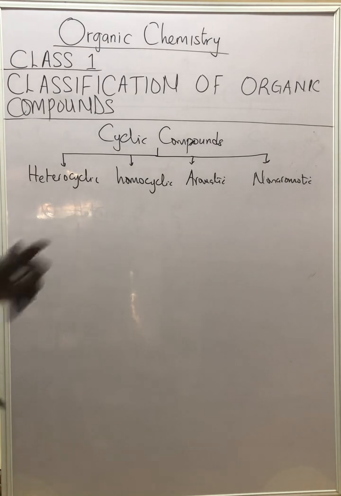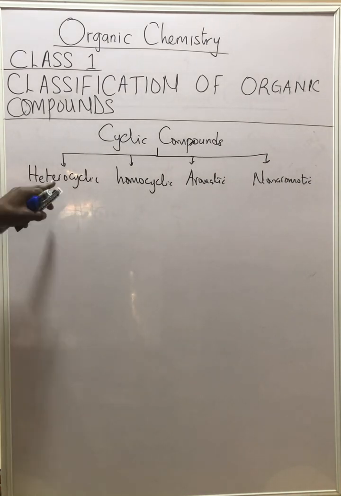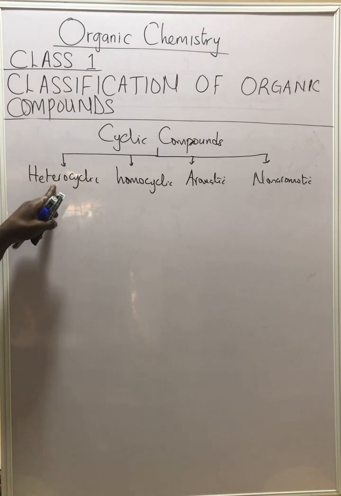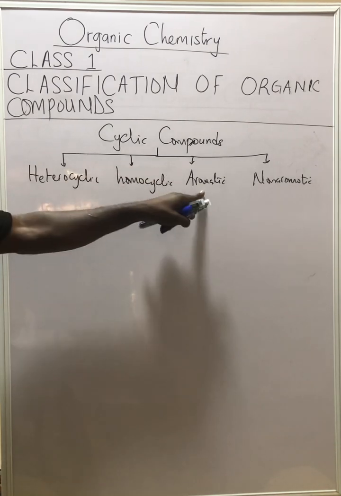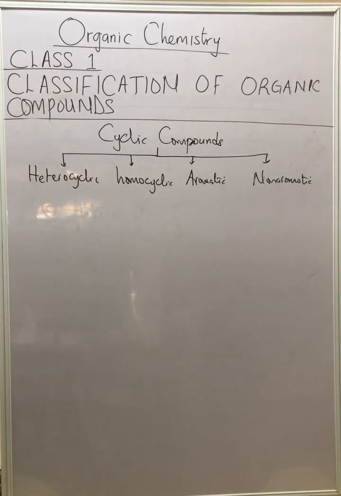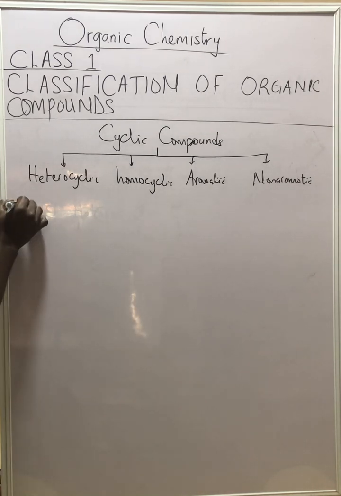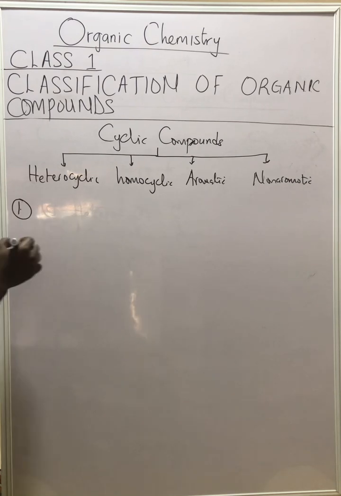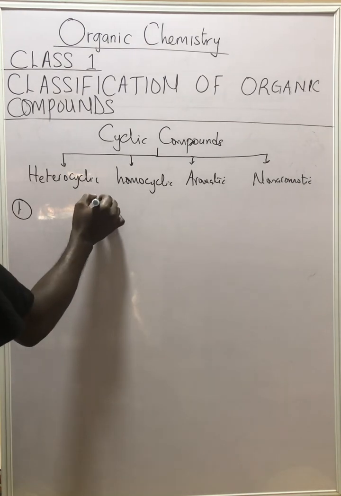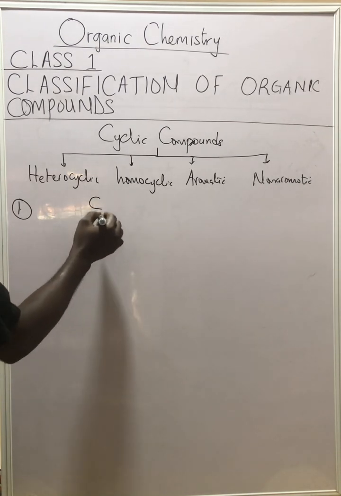This is what we can have. But like I told you, a compound can be both heterocyclic and still be aromatic. All right, let's now look at examples. Let's look at this compound.